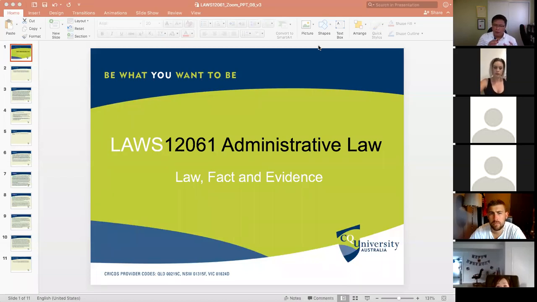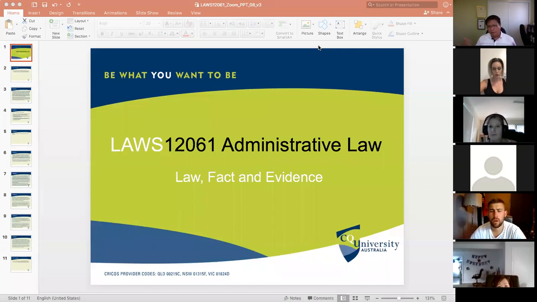So if you misidentify the legal issue, chances are the legal rules that you will be discussing have nothing to do with the case problem, and they will be unhelpful in you arriving at a conclusion or in being able to provide legal advice. So for example, if the legal issue pertains to natural justice, and you simply say that the legal issue is whether or not judicial review is available, that is a very broad legal issue.